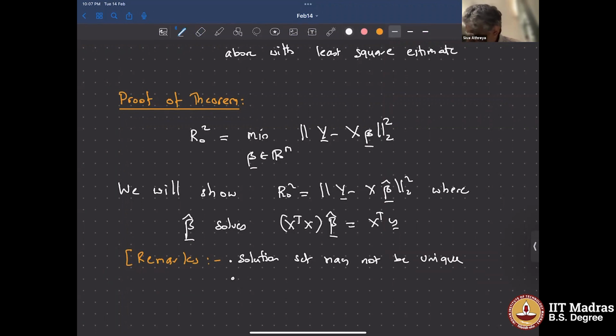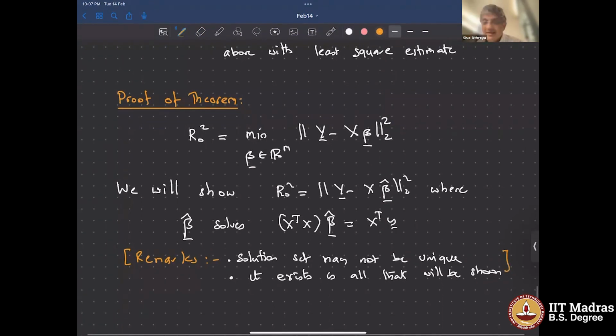We only show it exists. Just be aware of this. Sometimes when you write that a solution exists, it doesn't mean it's unique. That's all the theorem is going to say.